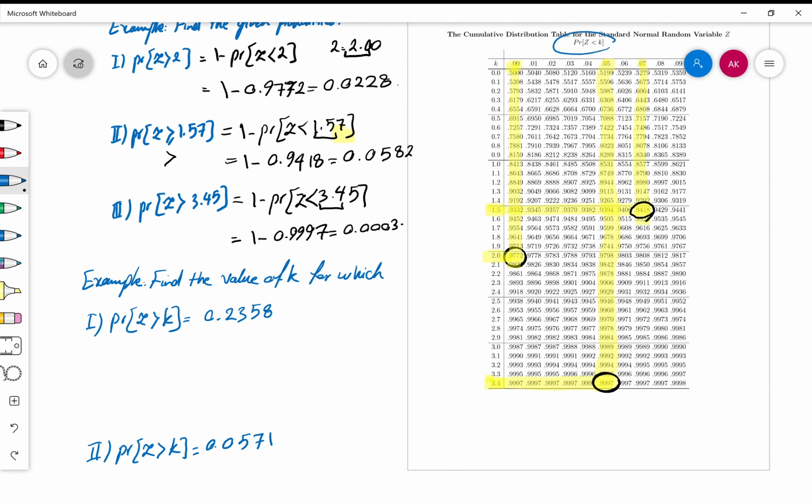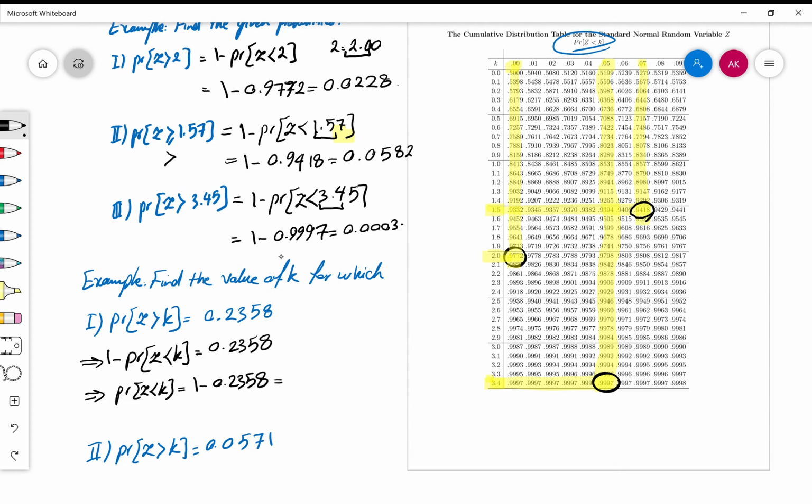Okay, so one thing is very important: this table is for Z less than k. So if you see Z bigger than k, first turn it into Z less than k by doing the complement. So the probability of Z less than k is equal to 1 minus 0.2358.